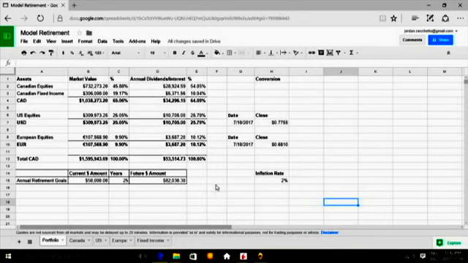So this could be the goal. Again, keeping in mind that dividends will often increase over time, and even fixed income could be increased over time as we get higher interest rates. So this allows you to plan for the future as well as the present.